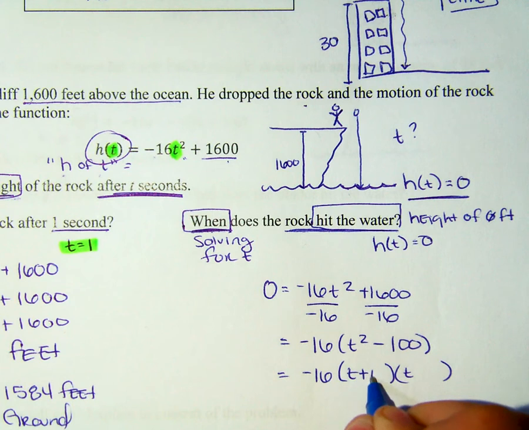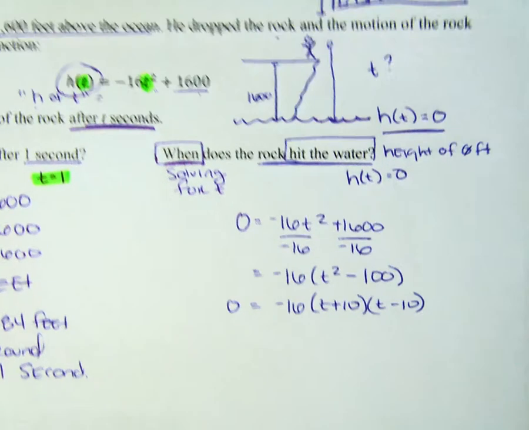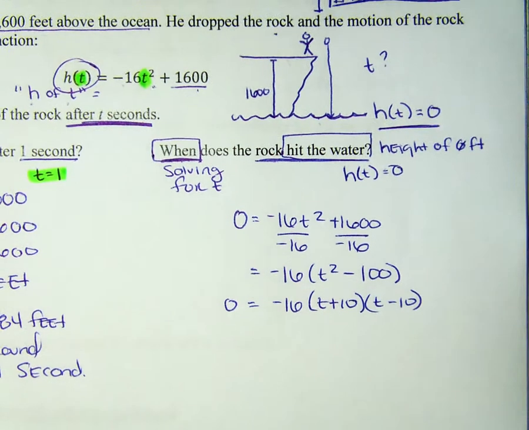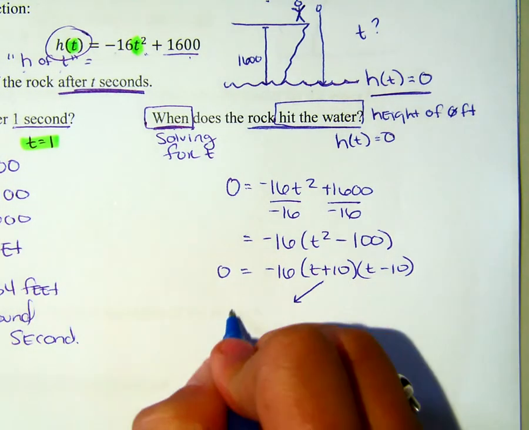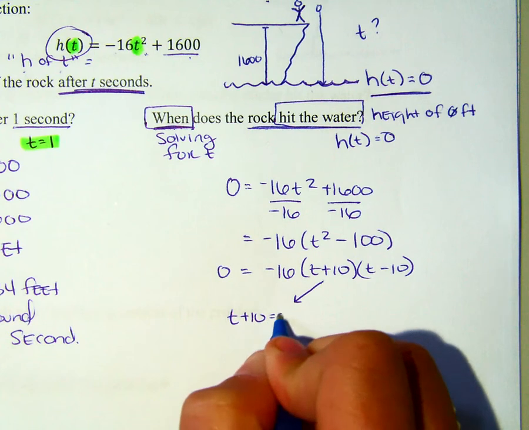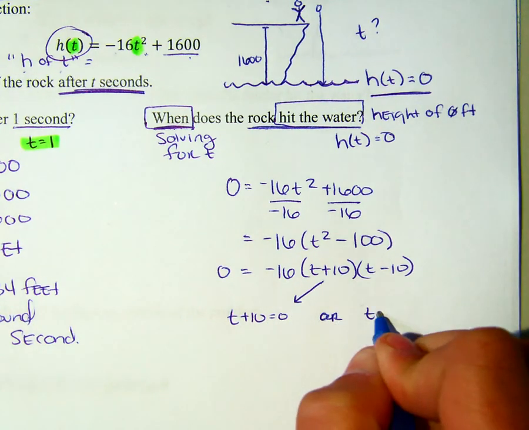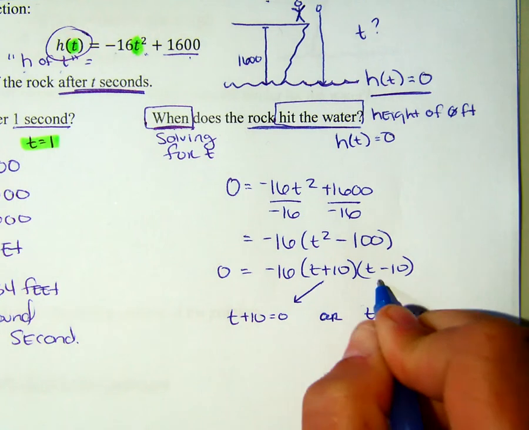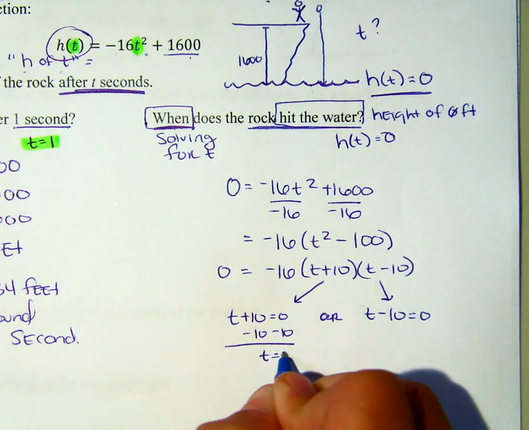So t plus 10 and t minus 10. Now I'm going to use the zero product property to solve for t. So t plus 10 equals 0, or t minus 10 equals 0. Subtract 10, t equals negative 10 seconds.